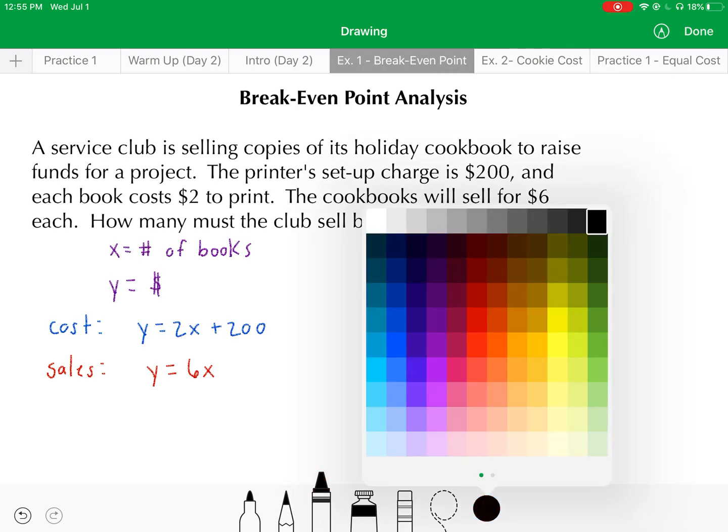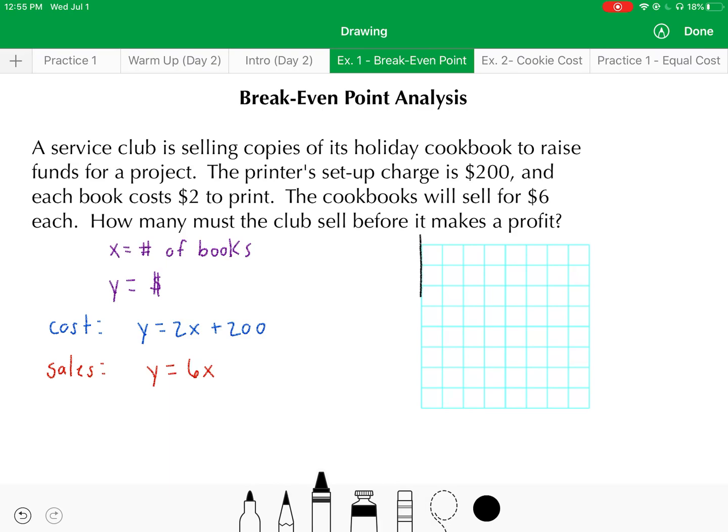So I think what's going to be best is if we make the whole grid represent the first quadrant, which is typically all you need in a real-world application setting, okay? And I think it would be best to make both the X and the Y axis go by 50s here, okay?